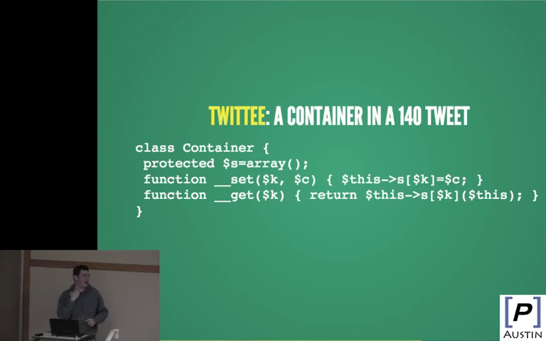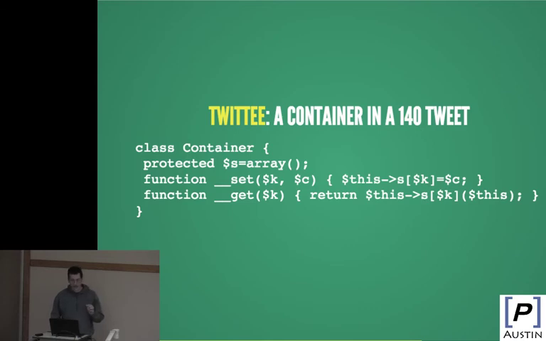Back when Twitter had only 140 characters, you had Twittee. Fabien Potencier, the guy responsible for Symfony, built this little dependency injection container where you use the property getter and your magic getter and setter methods to throw stuff into a container.